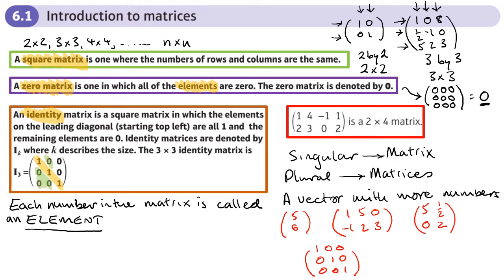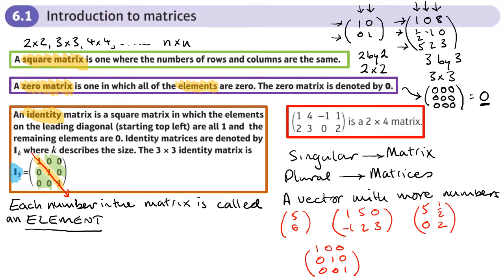When we have that pattern along what we call the leading diagonal, with all ones and every other element 0, it's called the identity matrix. This one here is indicated as I3. I for identity, and we'd underline that.